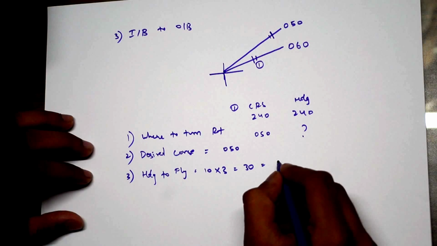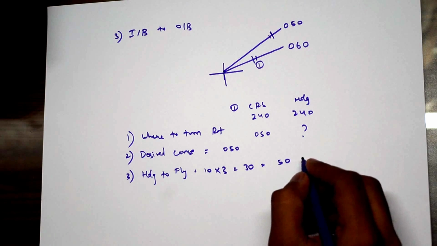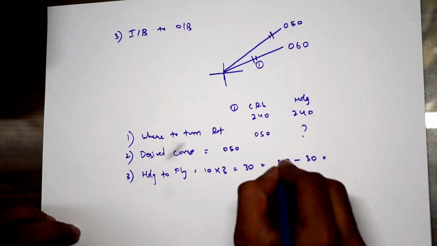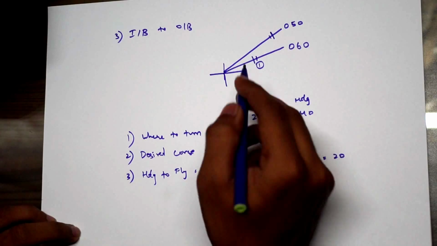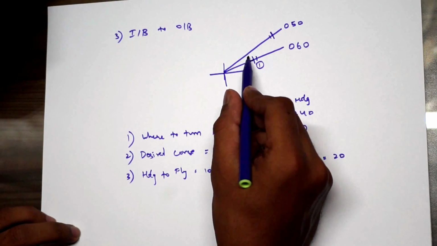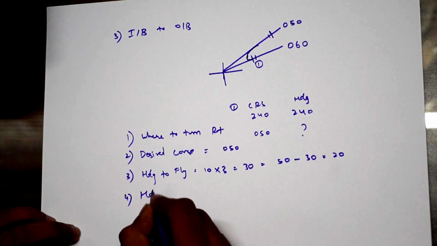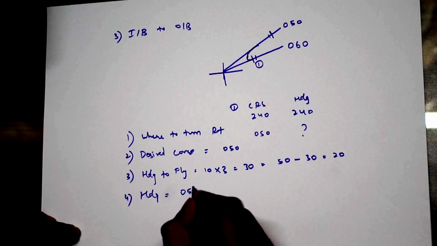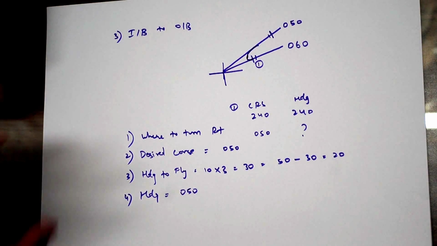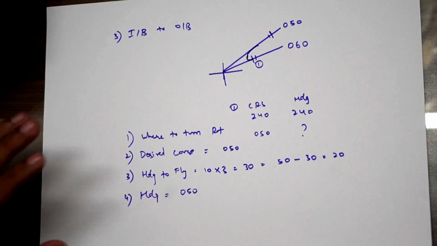Take the desired course here, 50. Now in this case you have to subtract, 50 minus 30, 20. So once you turn from here to heading 020, somewhat here, and then you will intercept, and then you can come back onto heading 050. Is that clear? It is all about imagination, where you are, where you have to go, where to turn, right turn. So we do this.